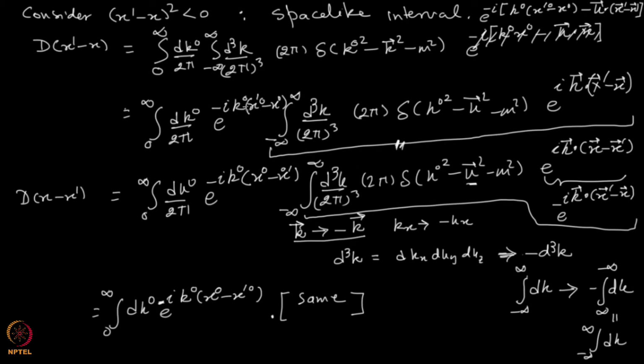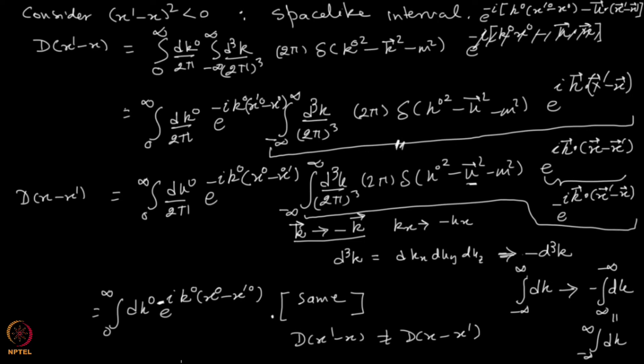So you see, you have x prime 0 minus x 0. Here you have x 0 minus x prime 0. So there is a difference in sign here. But now the limits are not from minus infinity to plus infinity, they are from 0 to infinity. So that makes a difference, which makes d of x prime minus x not equal to d of x minus x prime in general. Okay, that's the general statement.